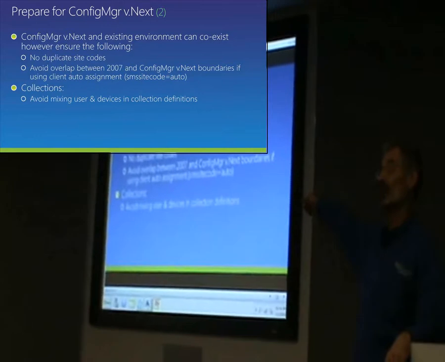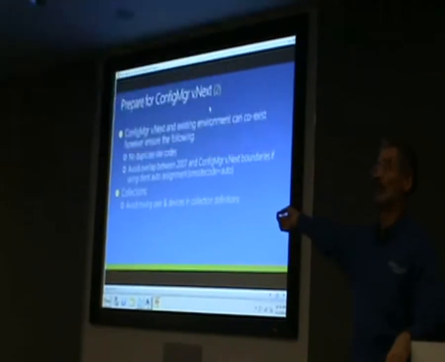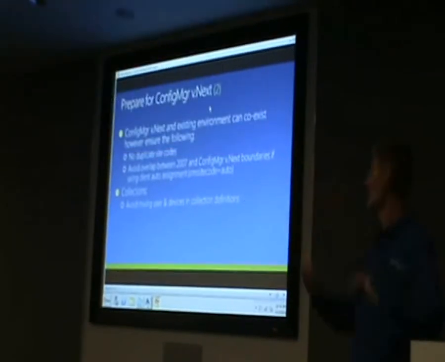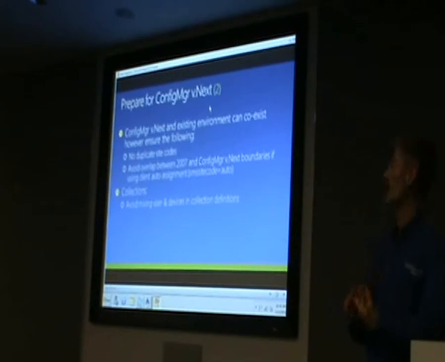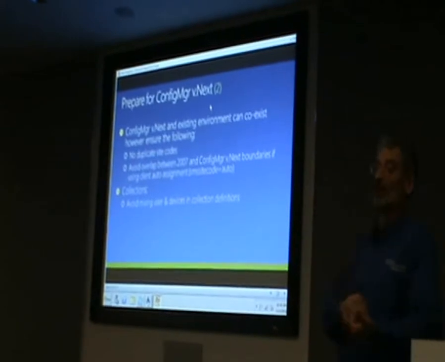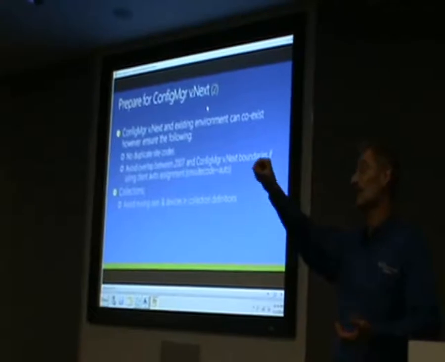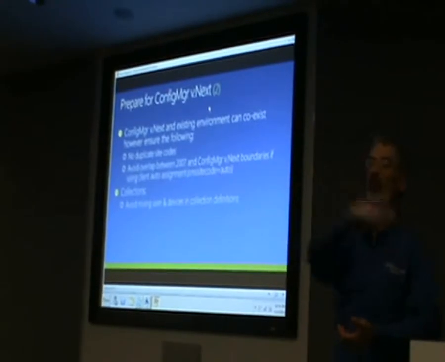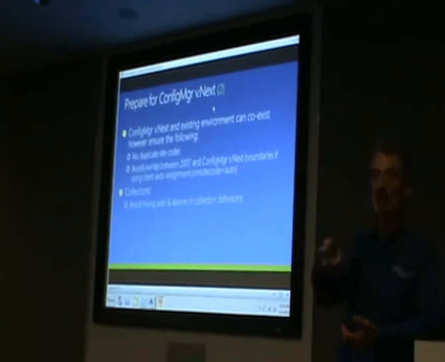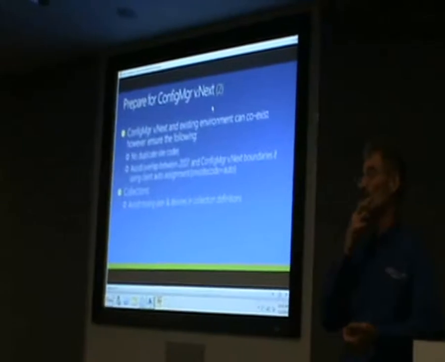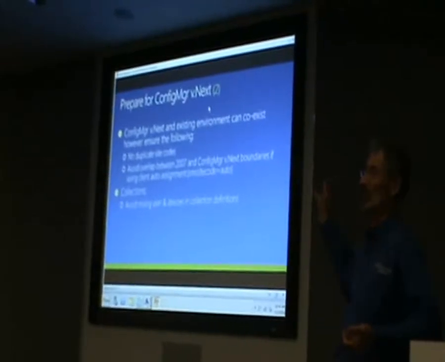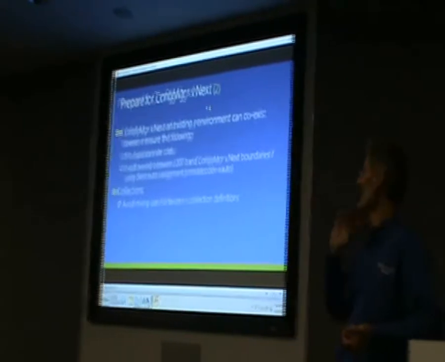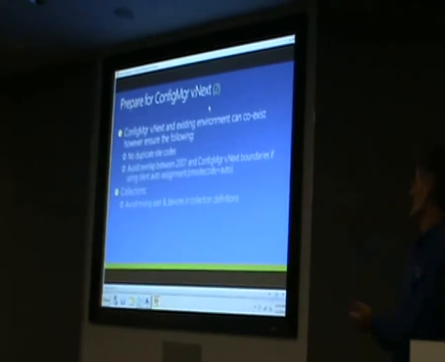I get reassigned to the London site. And I don't want to be managed by the London site. Nothing against you guys. But you guys make fun of Wally. So I want to be managed by Redmond. So if I do SMS site code equals RED for Redmond, I'll always be assigned to the correct site even while I'm traveling. So that's why I stopped using SMS site code equals auto after like the first time I tested it in 2007. So I would never use it.